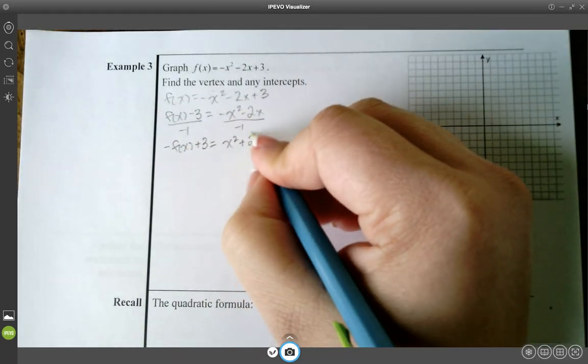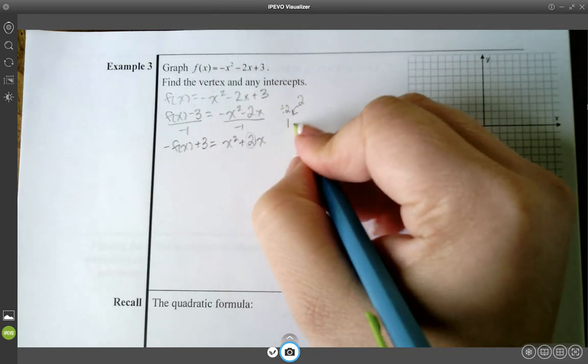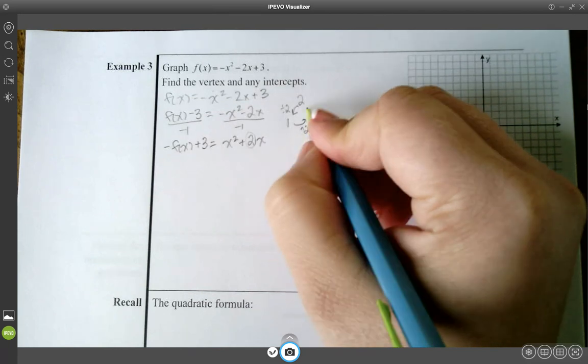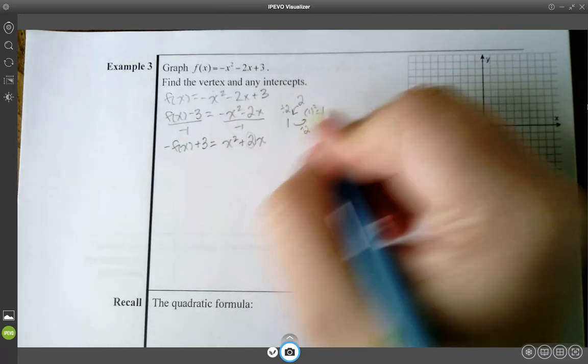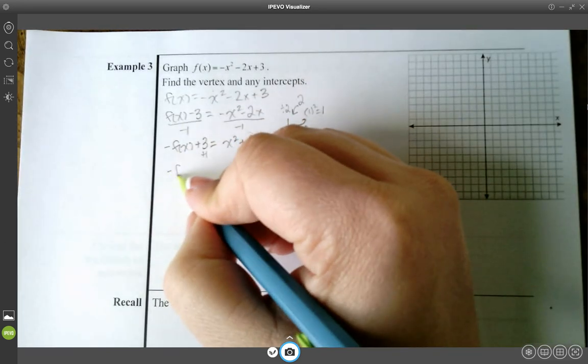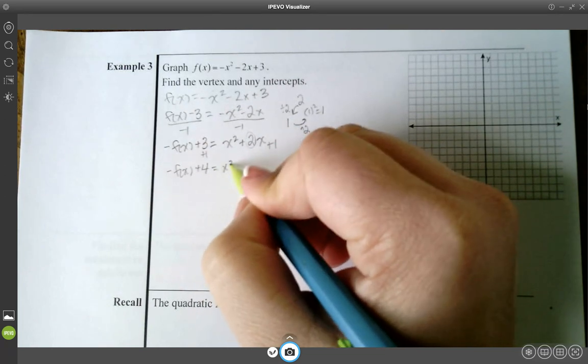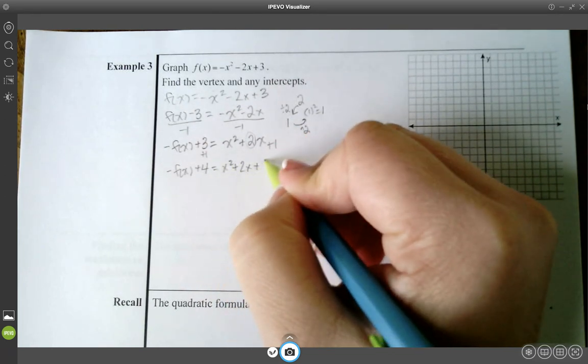We take our middle coefficient, 2 divided by 2 is 1, raised to the second power, 1 squared is 1, plus 1, plus 1. So we have negative f(x) plus 4 equals x squared plus 2x plus 1.